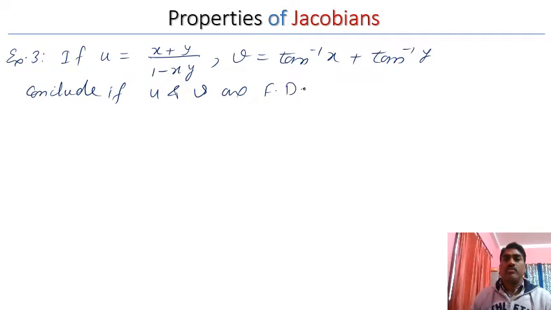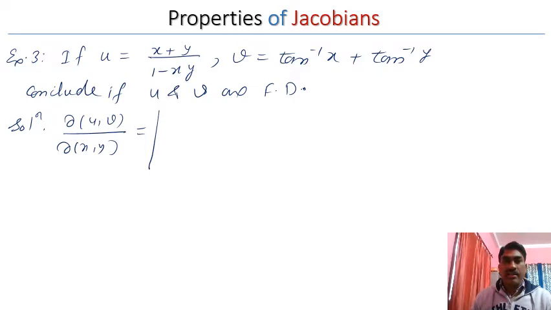Also we will try to find a relation if there exists. So solution, you can easily find the Jacobian of uv with respect to x and y. We have found so many Jacobians, so I am directly writing del u by del x. This will become 1 plus y square by 1 minus xy whole square, and 1 plus x square by 1 minus xy whole square.